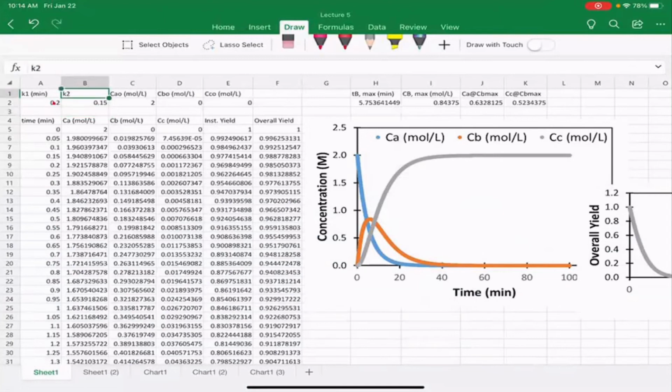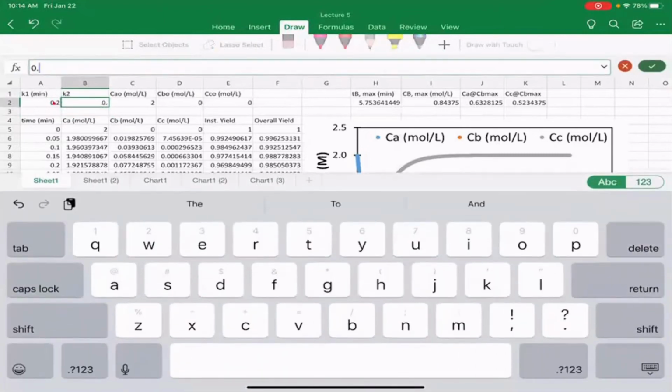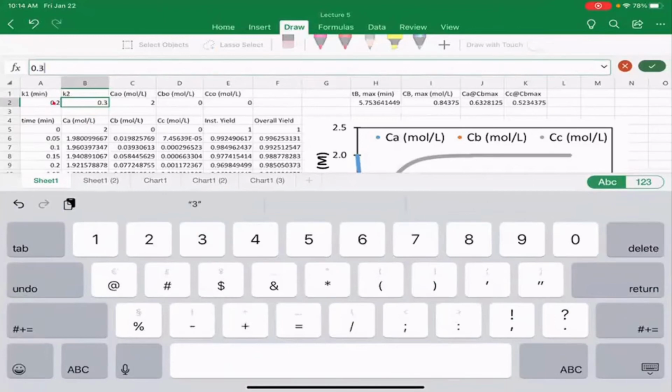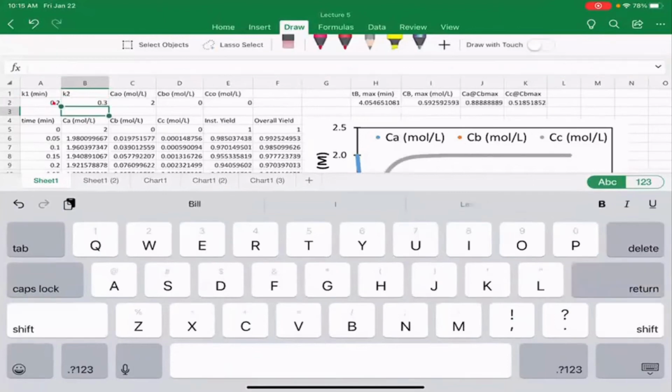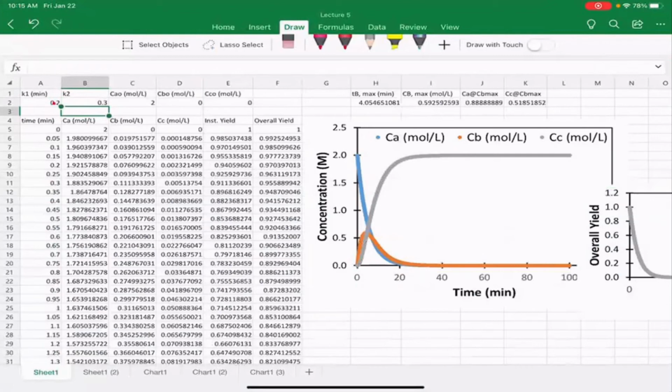One of the things that we could have done, depending on the relationship of the activation energies, is if we go the wrong way, the reaction rate constant for 2 might actually end up being higher than the reaction rate constant for 1. So increasing the temperature in that case may actually lead us down the wrong pathway. The reactor would have to operate for a shorter time, but the maximum concentration of B would go down.